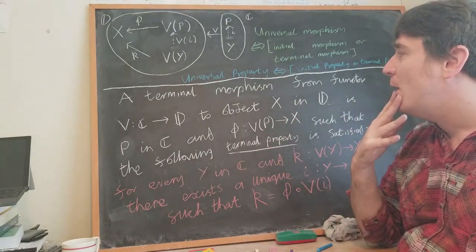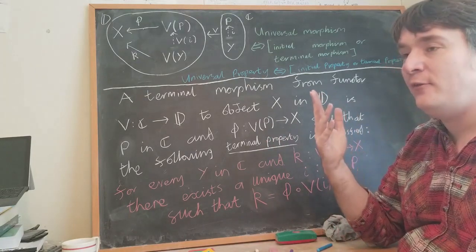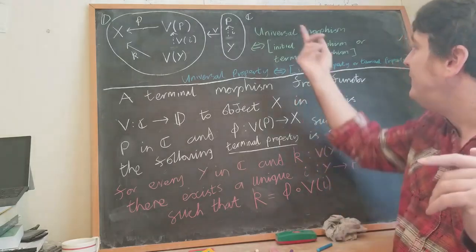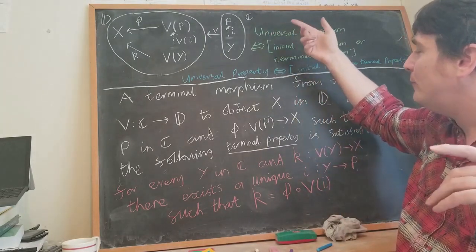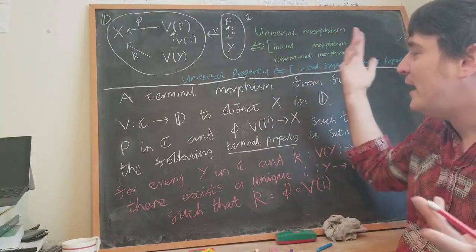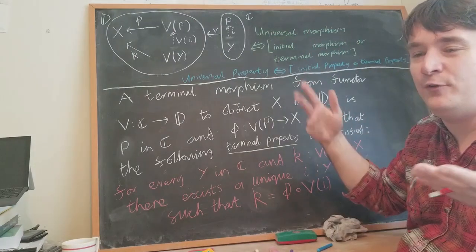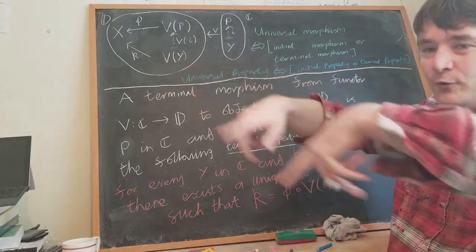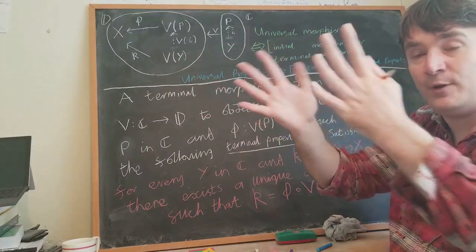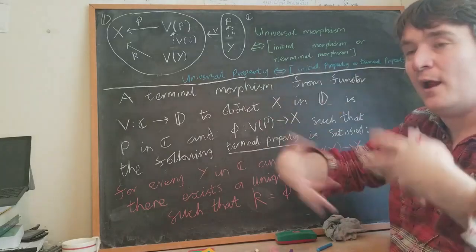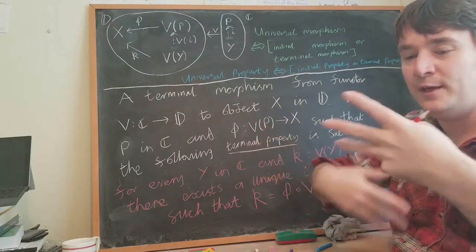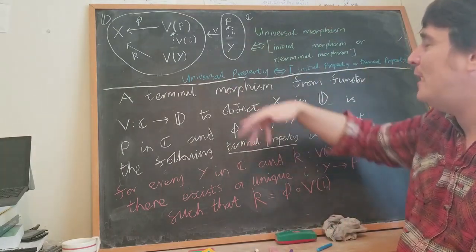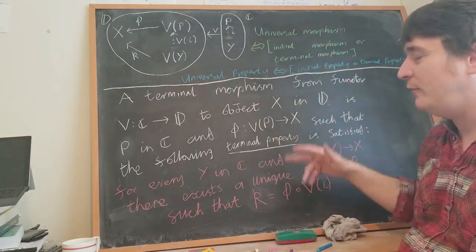And one of the nice things about this is that, as I'll demonstrate later, any two universal morphisms, let's say initial morphisms, from a particular object to a particular functor, are going to be isomorphic to each other. So this kind of isomorphism feature, which we keep using again and again, is actually possessed by these universal things.